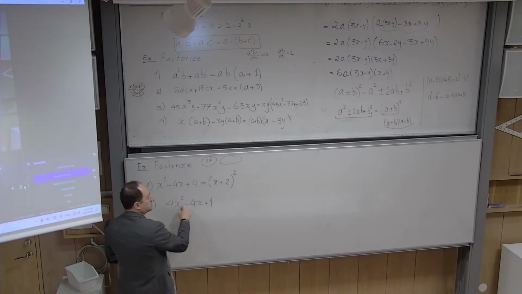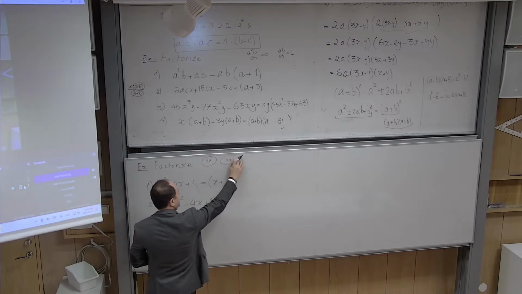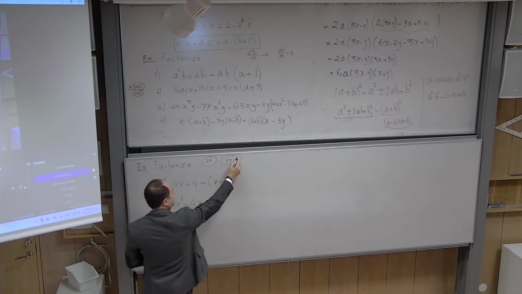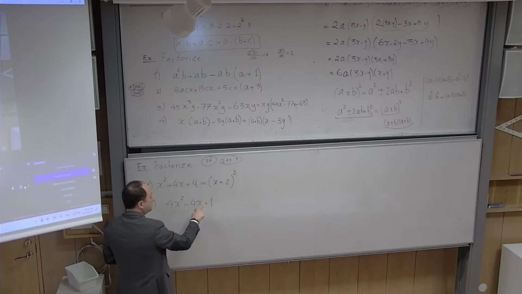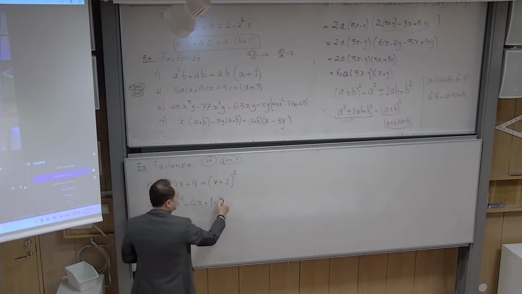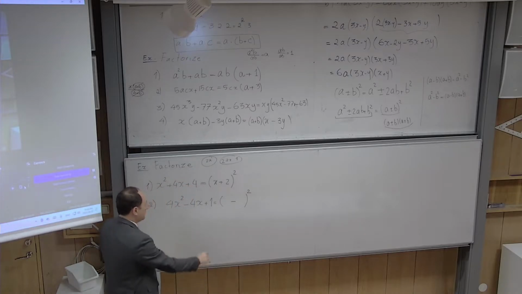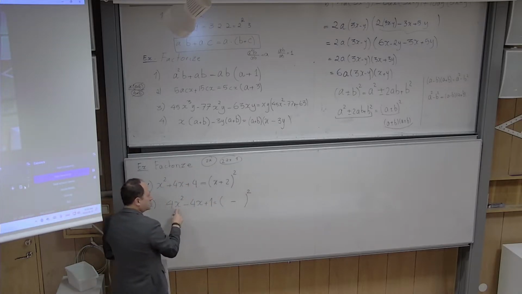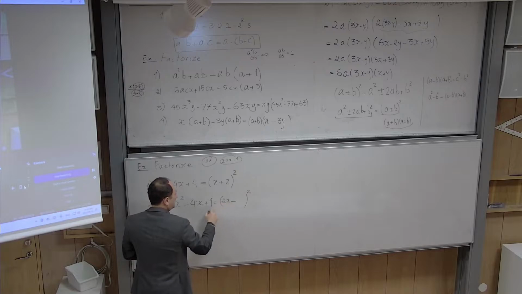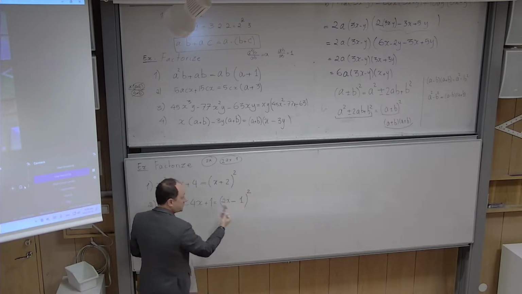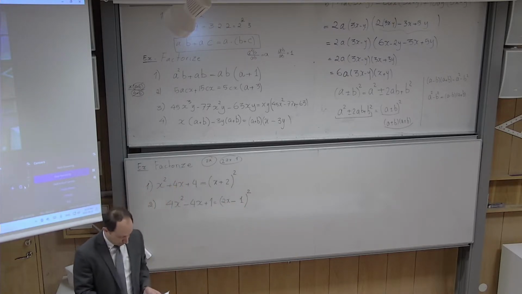Take the square root of this, it is 2x. Take the square root of this, it is 1. Multiply them, and you yourself have to multiply by an extra 2, it becomes 4x. Yes, this is the middle term with a negative sign. So the answer is something like this. The first one is the square root of this, which is 2x, and the second one is the square root of 1, which is 1. So that's the answer. Yes?